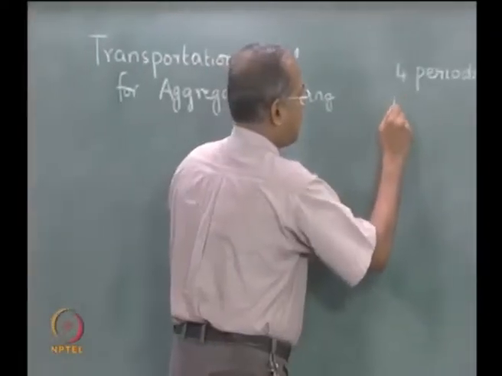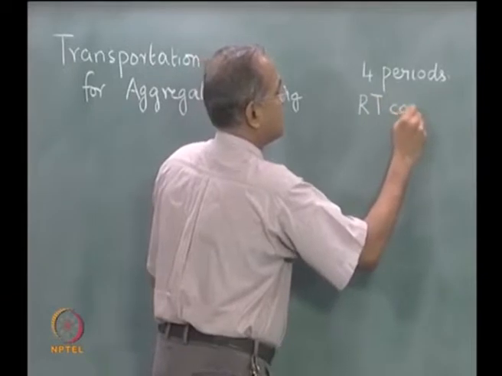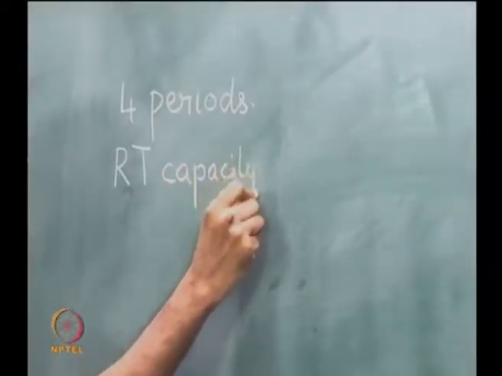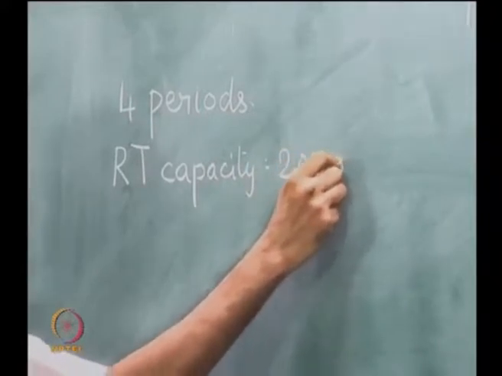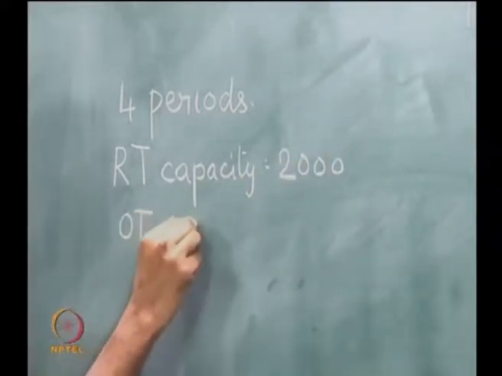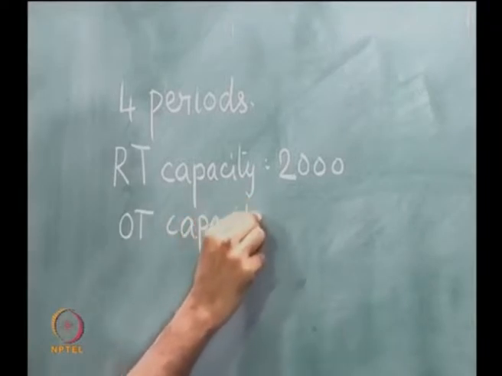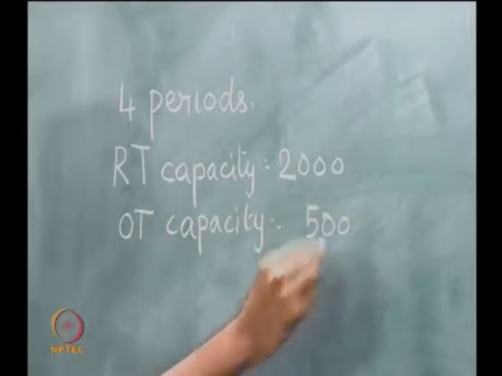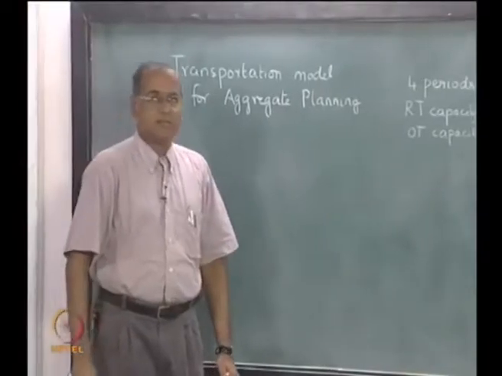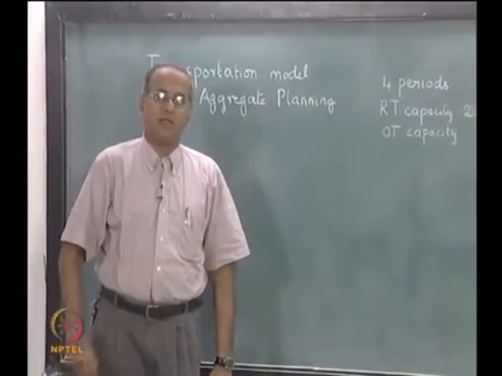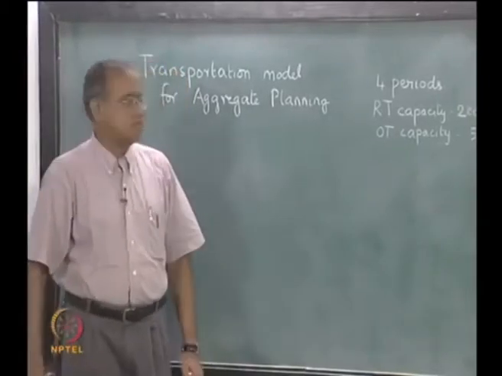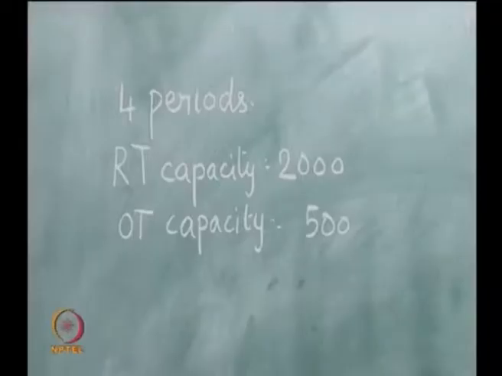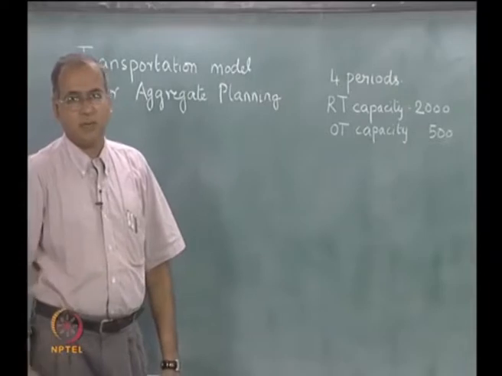So regular time capacity, let us say, is 2000 and overtime capacity is equal to 500. In the last lecture we saw that it is customary to denote all these as man hours instead of units. So each month we assume has an RT capacity of 2000 and OT capacity of 500. So totally a capacity of 10,000 man hours is available in the entire production period.